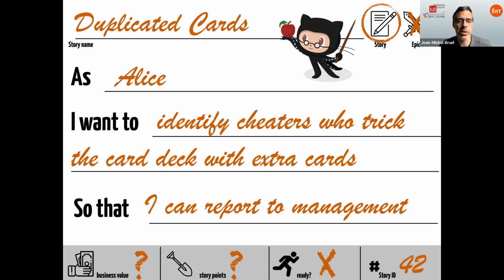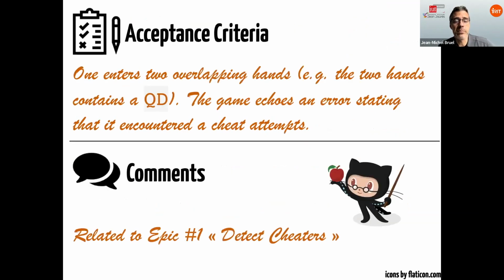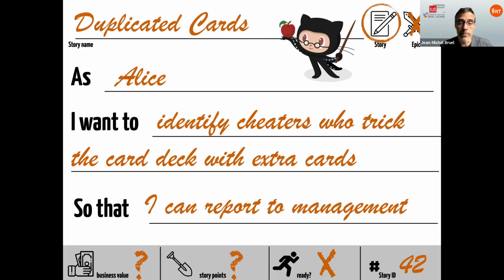I'm skipping the other elements of the definition. Things like what is the business value, how many points in terms of difficulty to develop it requires, and things like that. Of course, the ID. Every user story should have a precise ID.